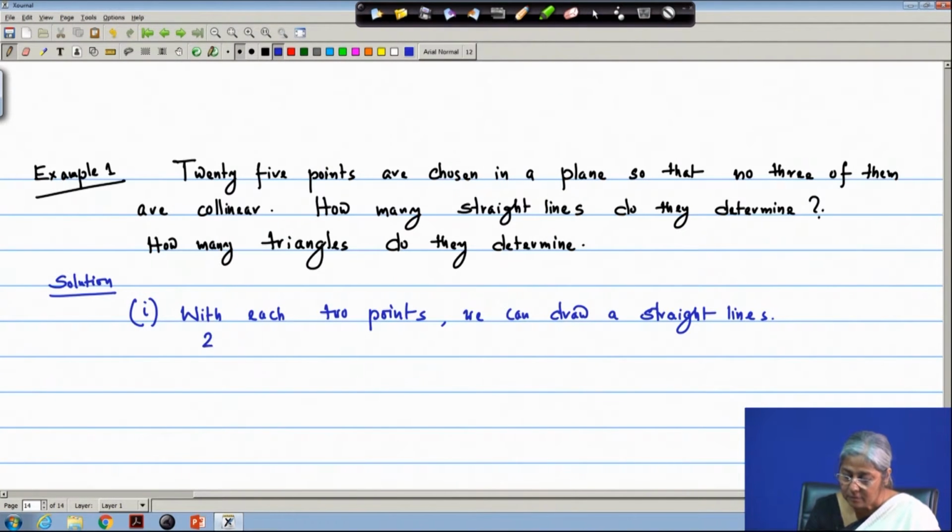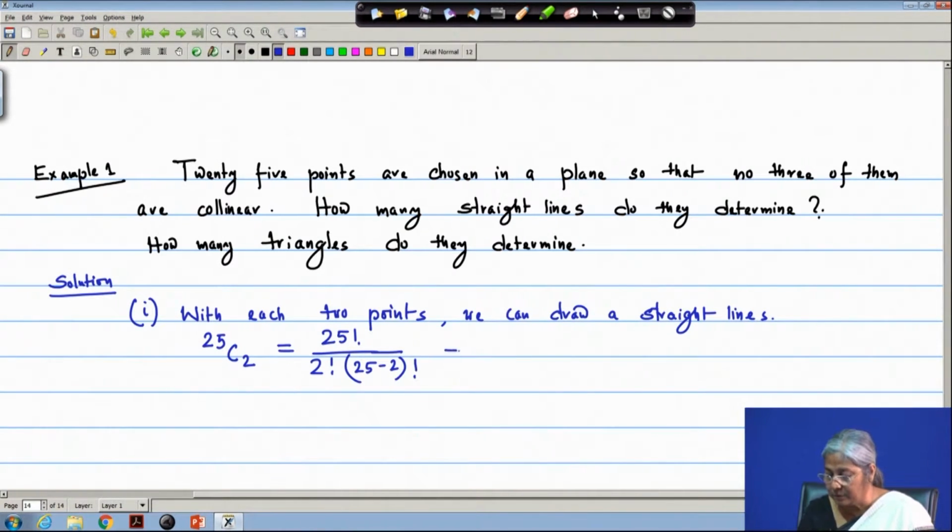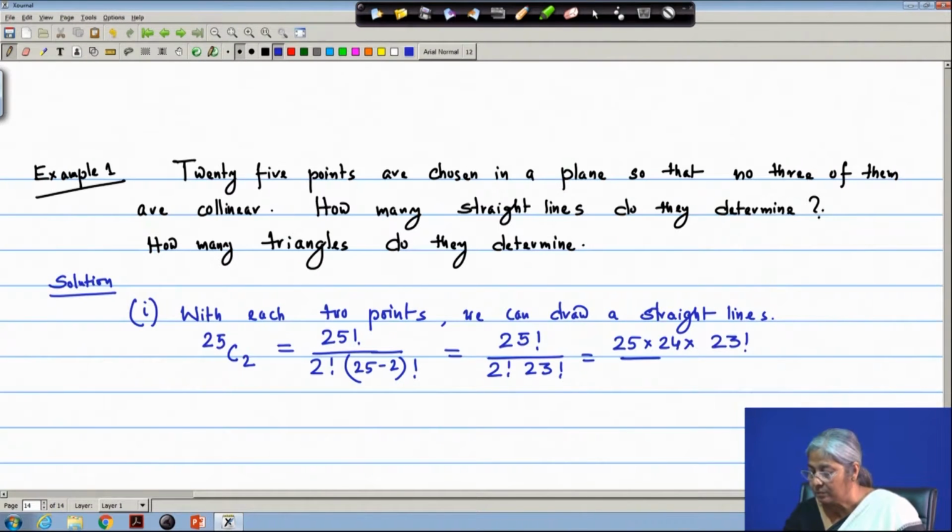So, this is 25 C2, equal to 25 factorial divided by 2 factorial into 25 minus 2 factorial, which becomes 25 factorial divided by 2 factorial into 23 factorial, equal to 25 into 24 into 23 factorial divided by 2 into 1 and 23 factorial.